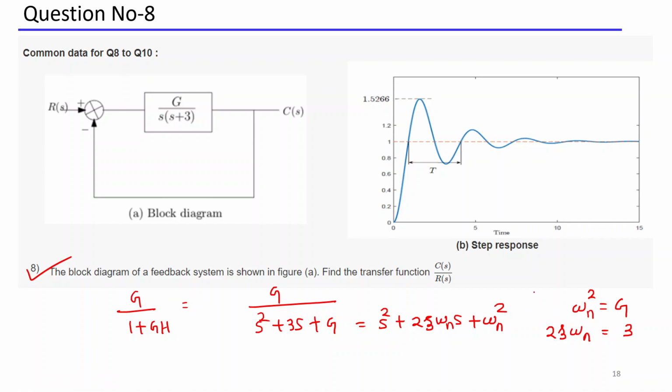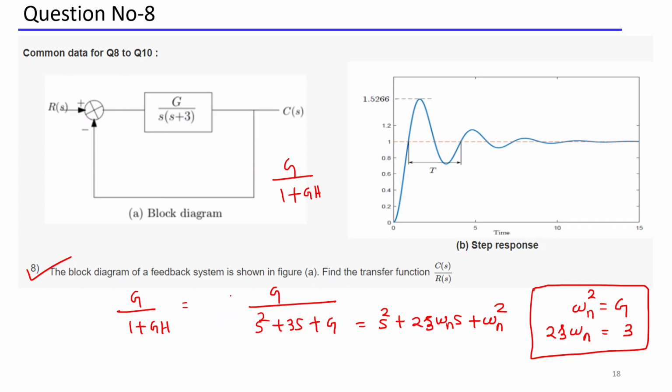Is everyone clear up to here? Sir, the second step is G upon s square plus 3s plus G. You are adding G because it is a unity feedback system, right? Sir, you just find out by yourself: G divided by 1 plus GH. If you solve, you will get this one.